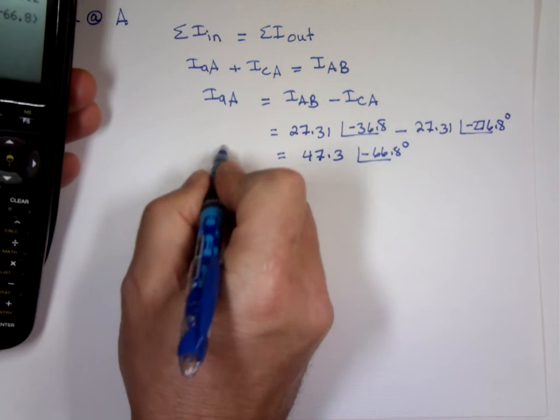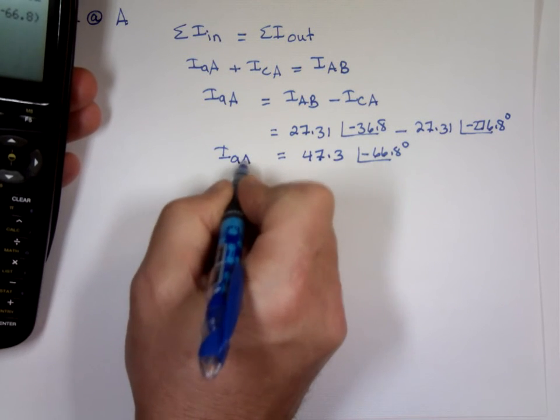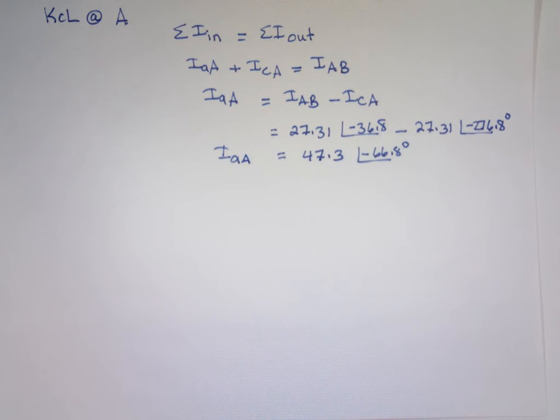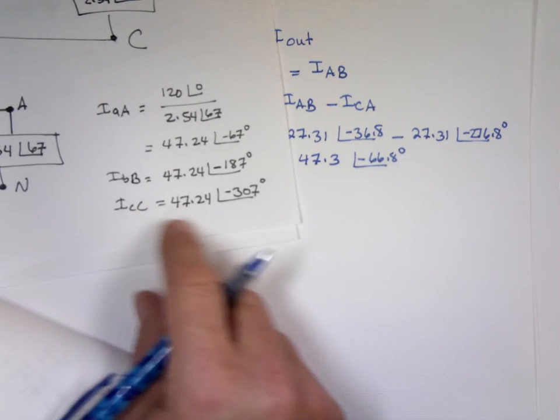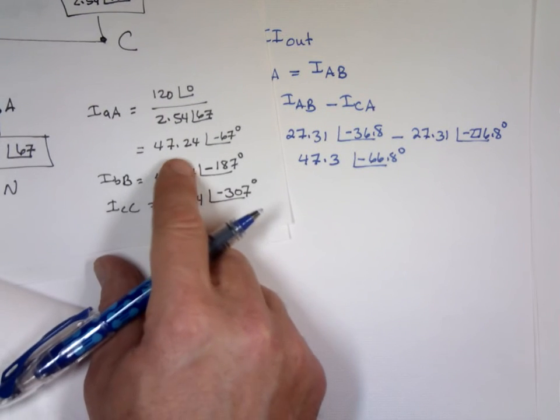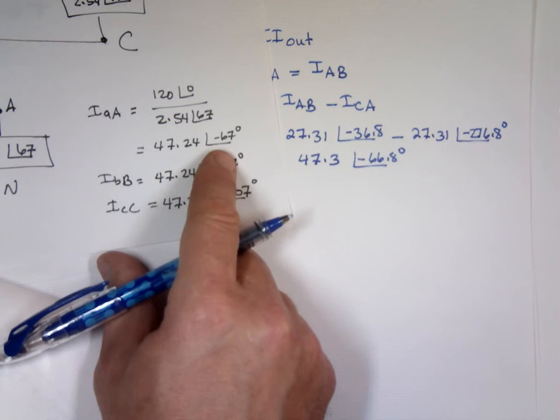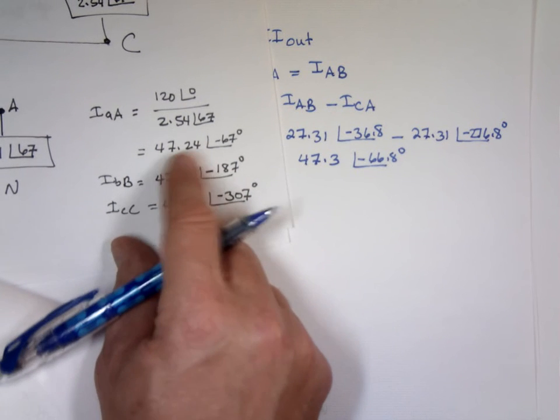Was that what we got earlier when we converted the load? Was that the same answer? I sub AA was 47.24, angle negative 67 degrees. Same answer.